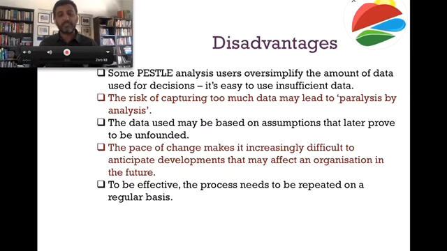To be effective, the process needs to be repeated on a regular basis. Now, there is another disadvantage: if you have just done it once in 2 years, or just once in a year, you should be settling for a regular frequency of this analysis.